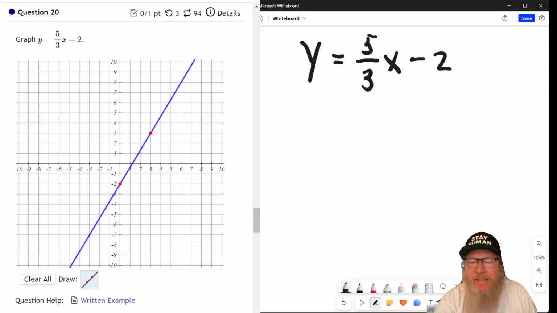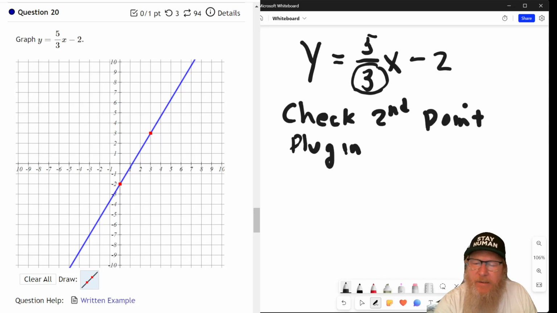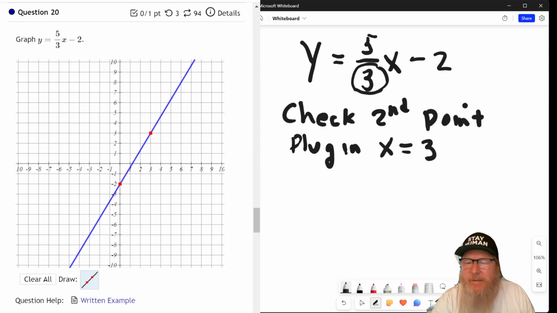You can easily check the second point by simply plugging in whatever the run is for x. Supposed to say plug in, also known as evaluating, x equals 3. Whatever the run is, that's the delta x.